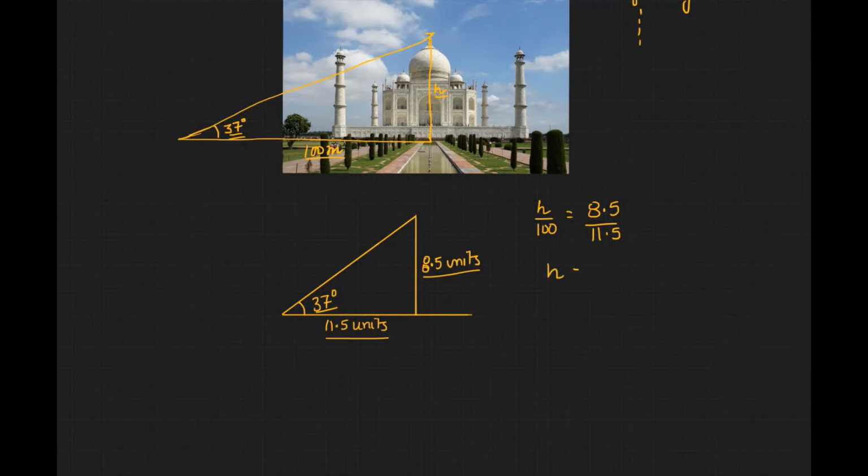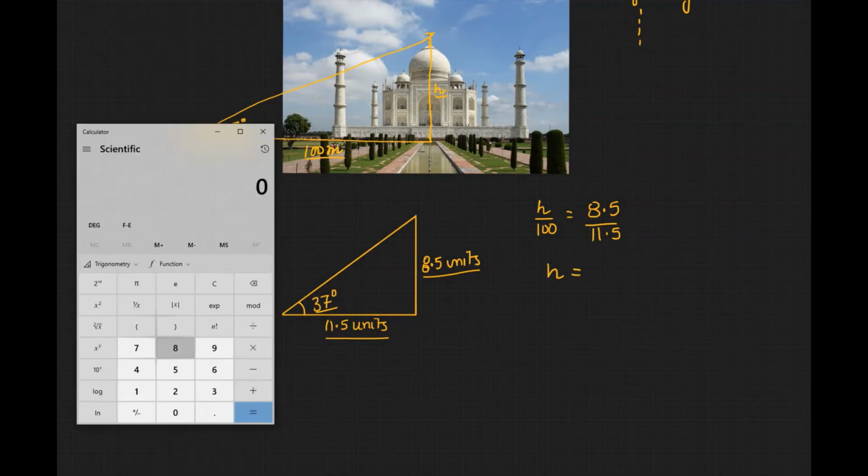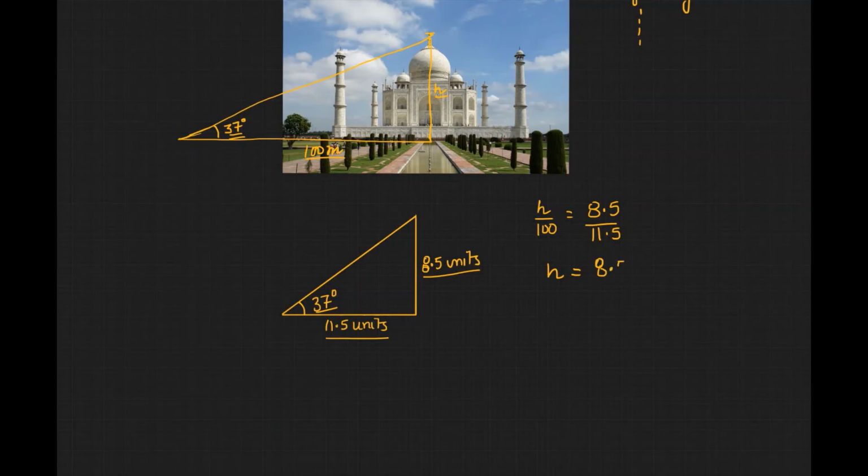We can calculate this height, which is 8.5 divided by 11.5, and that's equal to 0.739 into 100. That's 73.9. Essentially what we did is 8.5 divided by 11.5, and we took this 100 to the other side, and we got 73.9 meters, and that's approximately the height of the Taj Mahal.